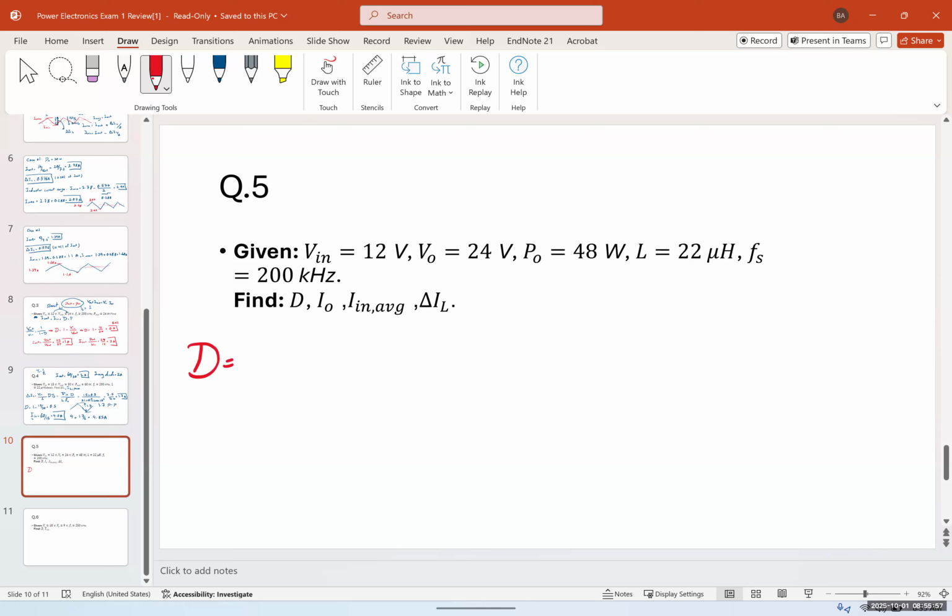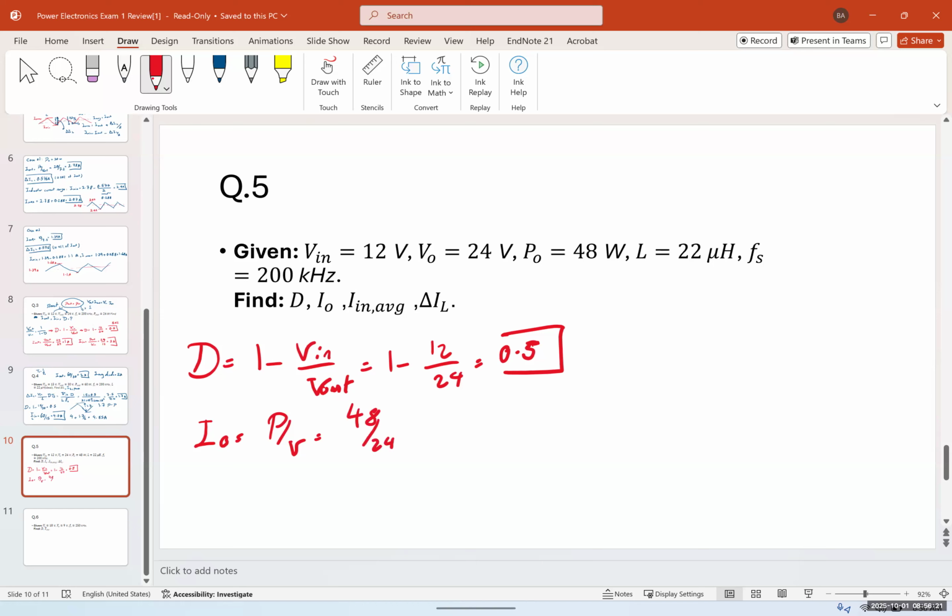So D would be 1 minus Vn over V out, which is equal to 1 minus 12 over 24 gives us 0.5. The output would be P over V, which is 48 over 24 gives us 2 amps.